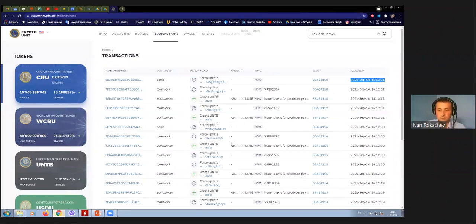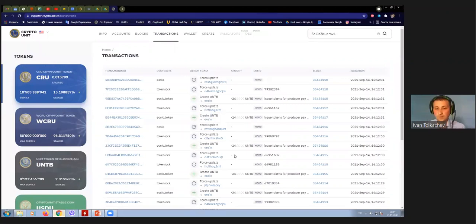Create UNTB. There are a lot of such transactions. Create UNTB for 24 UNTBs. What does this mean? It is about mining. Every block is generated every half a second, and with every block, 24 UNTBs are generated. And these are the transactions.